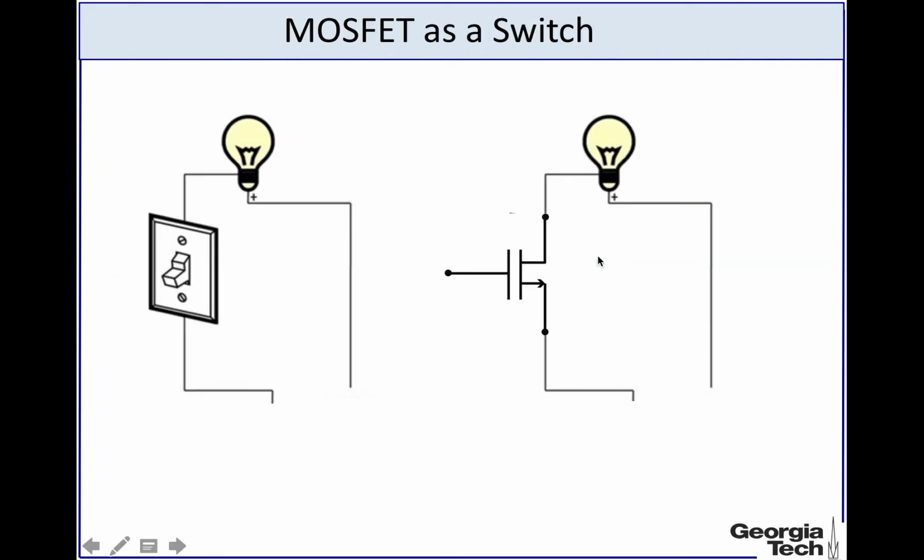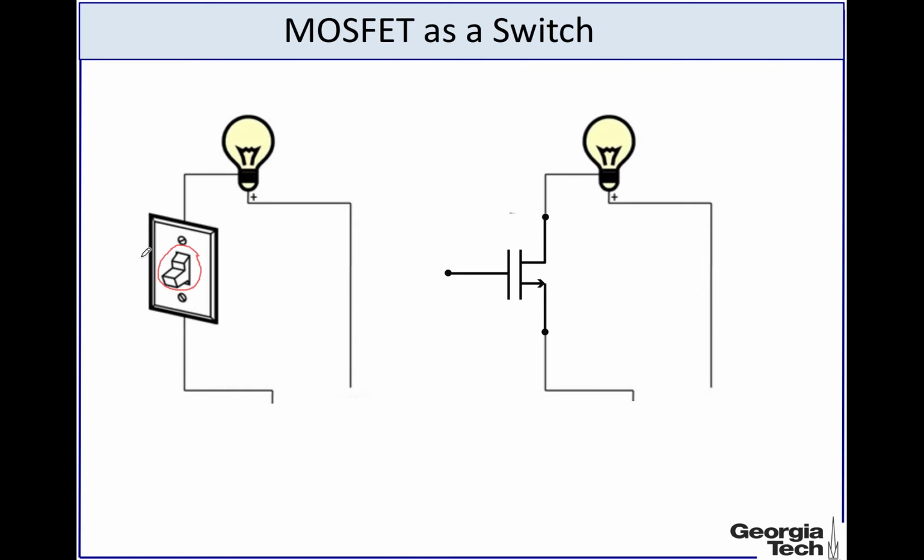Okay, so let's introduce the MOSFET as a switch. For the purpose of this class, we will treat a MOSFET as a switch. The simplest possible example of a switch is this one here, which we all use a lot.